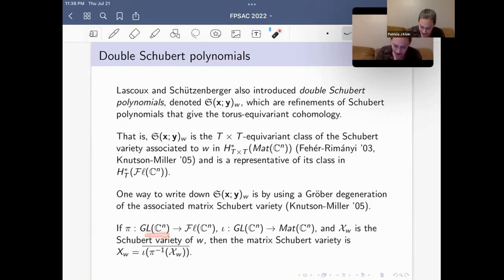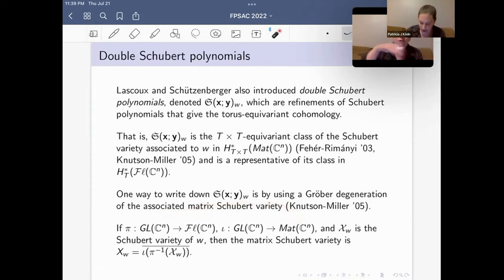And maybe the last thing I'll really say about the geometry is that recall again that we can take the general linear group and surject onto the complete flags. Of course, we can take invertible matrices and inject into the space of all matrices. And so in this way, we can go from Schubert varieties in the complete flag variety, pull back to the general linear group, go from the general linear group to matrix space, and arrive at an affine variety.